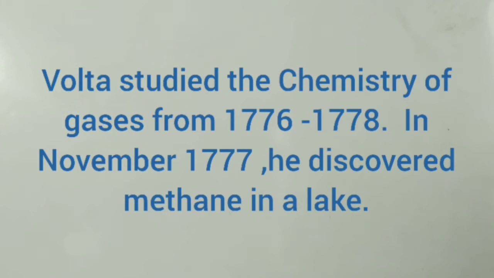Volta studied the chemistry of gases from 1776 to 1778. In November 1777, he discovered methane in a lake. If you are asked to write which gas he discovered and where, then you have to write methane gas and from a lake.